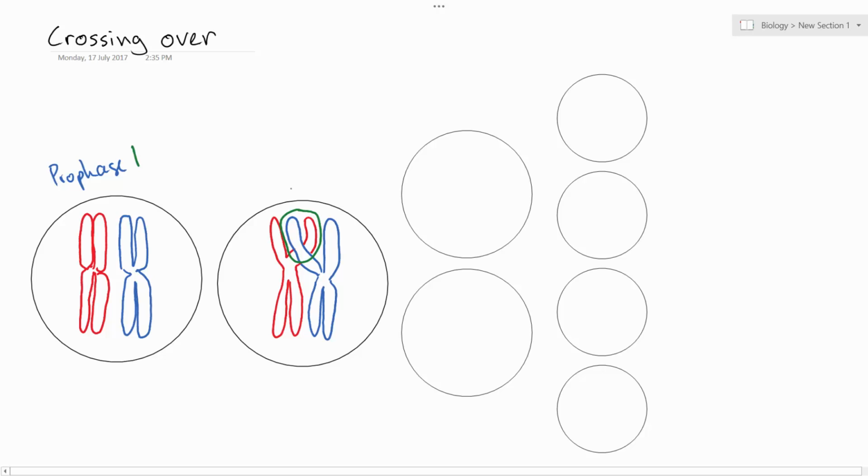So, like I said before, we see endonucleases. If they see a similar combination or similar sequence of DNA, they can actually snip, and essentially we will get the swapping over of the DNA.